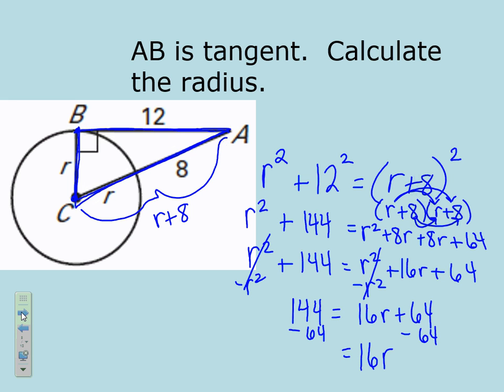We'd have 16 R's there on the right-hand side, and 144 minus 64 happens to be 80. And then we'll go ahead and just divide that by 16, and we get R to be 5. Okay, so there's the radius. So notice we still need our right triangle facts and everything we've learned up to this point. We're just going to now start applying that inside circles.